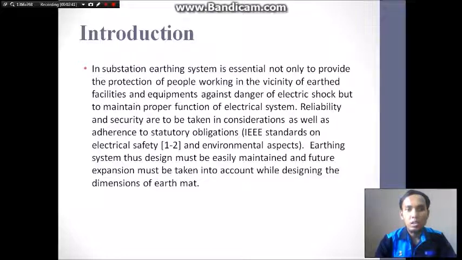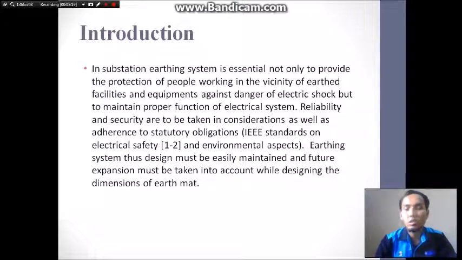Reliability and security must be taken into consideration, as well as adherence to statutory obligations, that is the IEEE standard on electrical safety and environmental aspects. The earthing system design must be easily maintained, and future expansion must be taken into account while designing the dimensions of the earth mat.